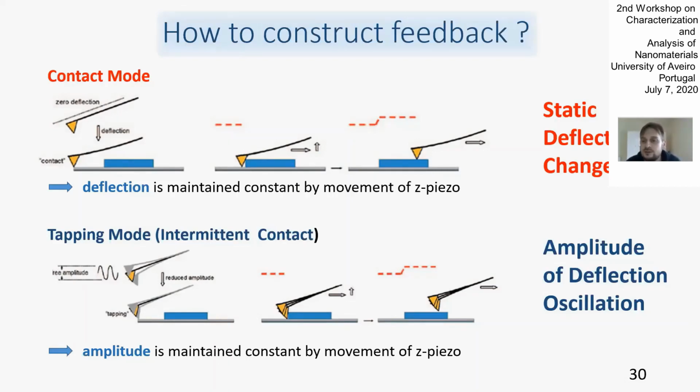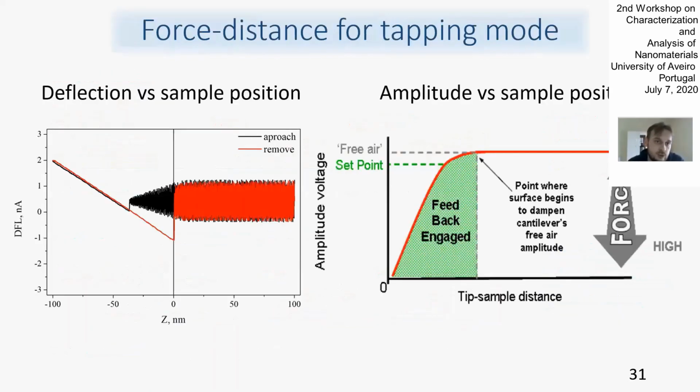This is one main point: when we work in tapping mode, we keep the amplitude of the deflection signal constant. Why is it important? Because it really makes sense when you choose the so-called set point, the work point which you usually put as a parameter to your system in order to determine the force of interaction between tip and surface.